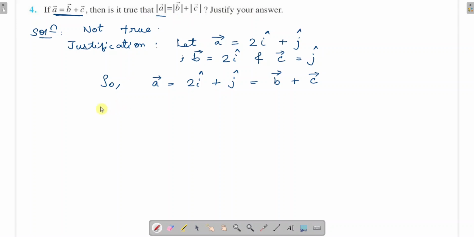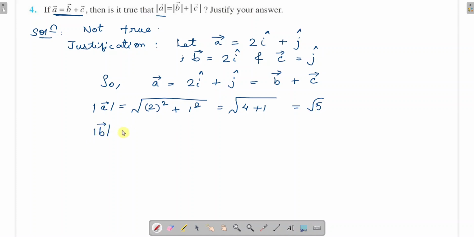Okay, so now we have to first find the magnitude of a bar. So that is root of 2 square plus 1 square. So that is nothing but root of 4 plus 1, right? So that is nothing but root 5, and magnitude of b bar will be what?